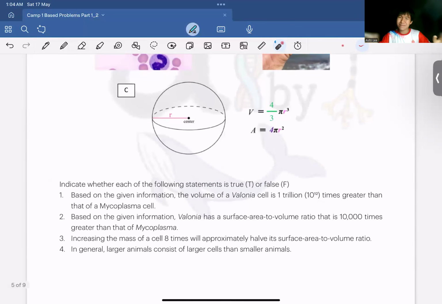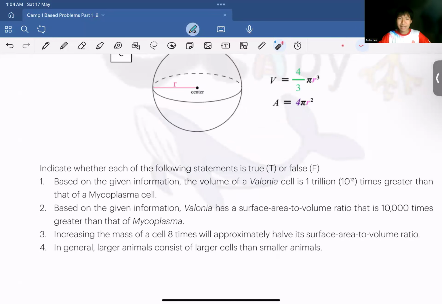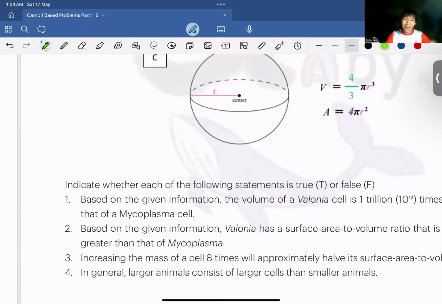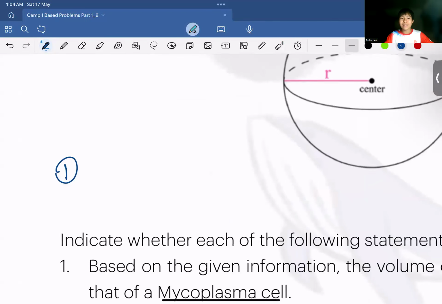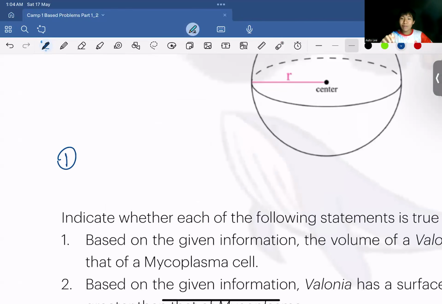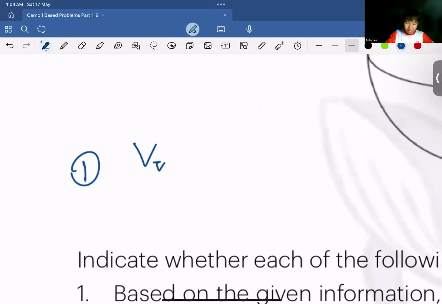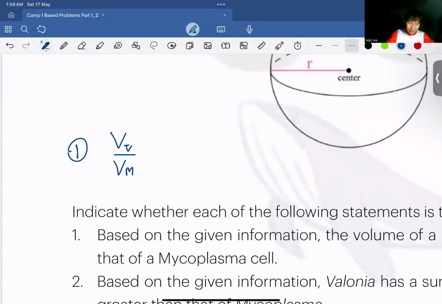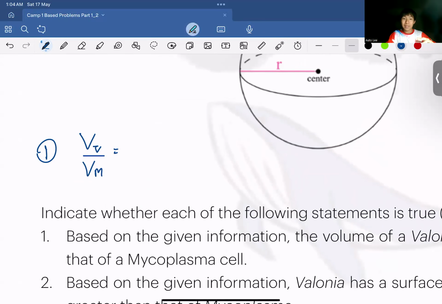Let's start with the first statement. It says that based on the information, the volume of Valonia is 1 trillion times greater than Mycoplasma. How could we do that? We can start calculating right away. If we want to compare Valonia's volume to Mycoplasma's volume, we put the volume of Valonia over the volume of Mycoplasma, and plug in the formula.